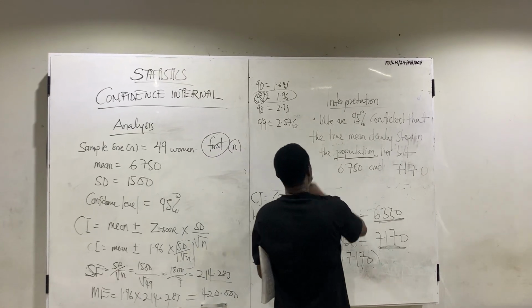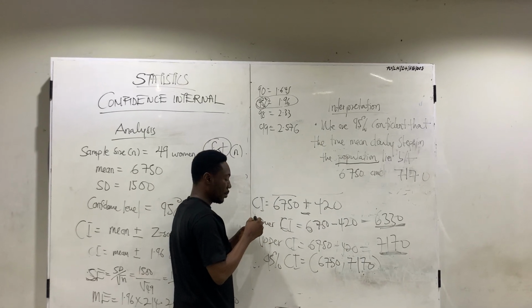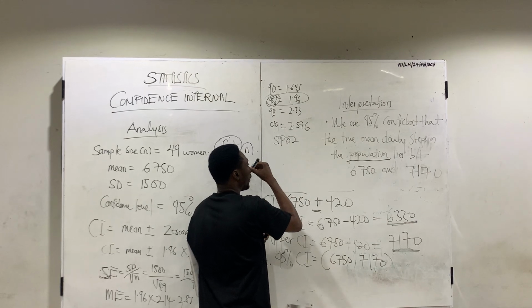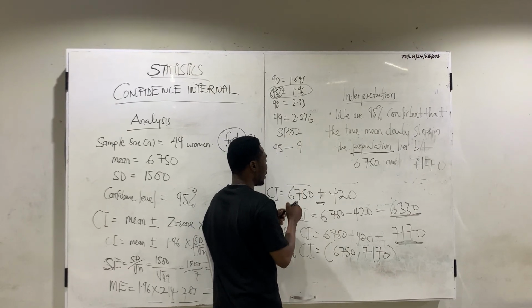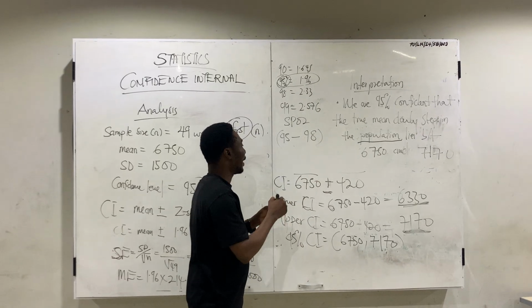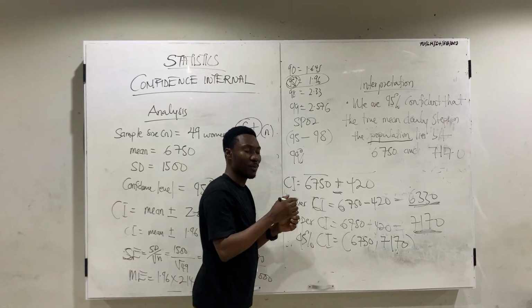For example, let's say you are calculating CI for SpO2, and then you have 95 to 98, and the confidence that was given is 99%. It's simple.